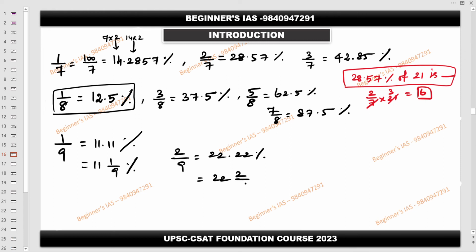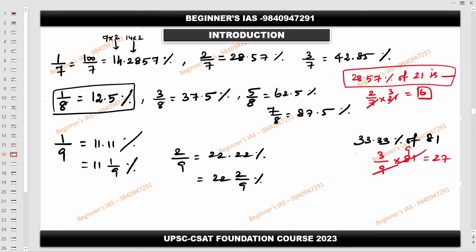For example, in a question, what is the value of 33.33 percentage of 81? Here it is 3 by 9, therefore 81 divided by 3 is 27.